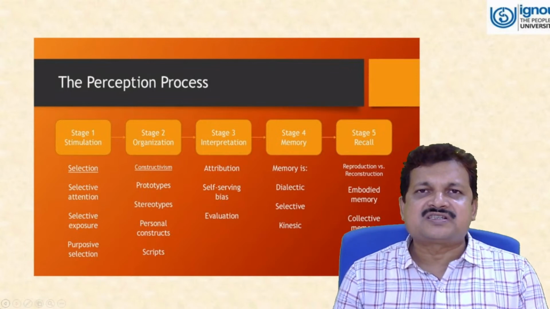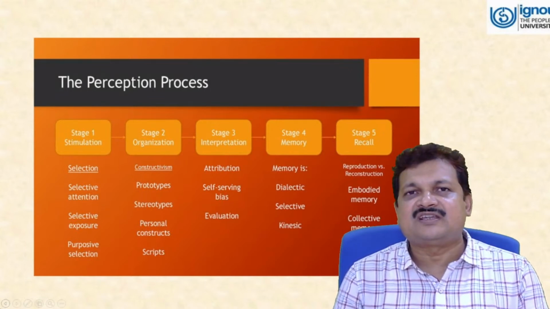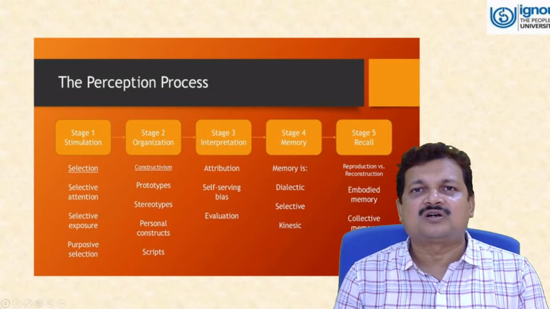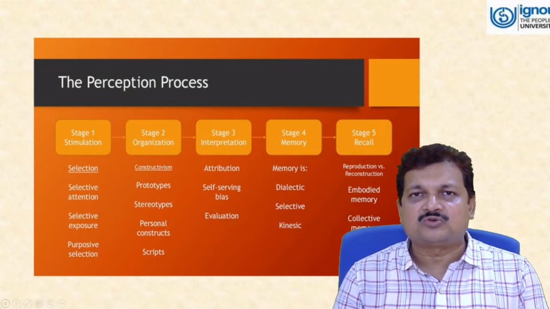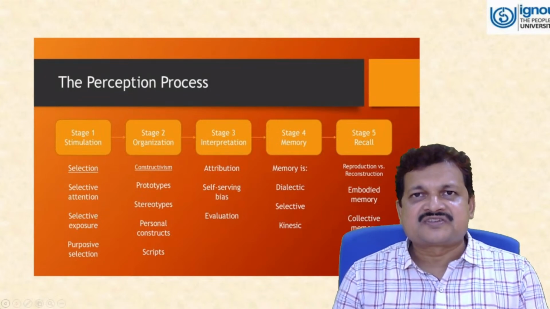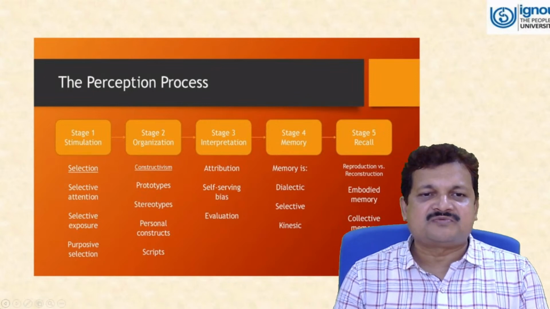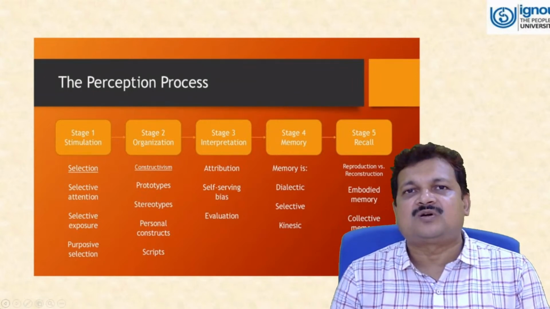Personal constructs is that each individual has a kind of personality, and you need to portray that, and that is the way you organize the information. Scripted, we sometimes say, means you are going to accept the way it has been written.